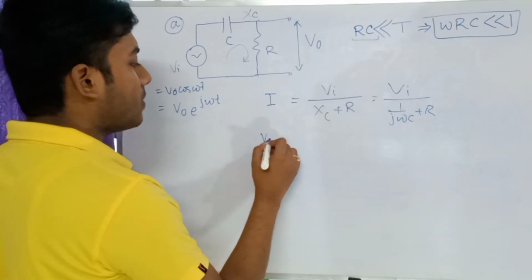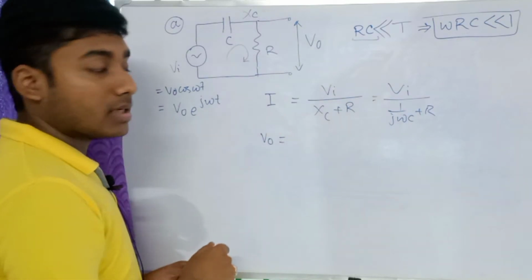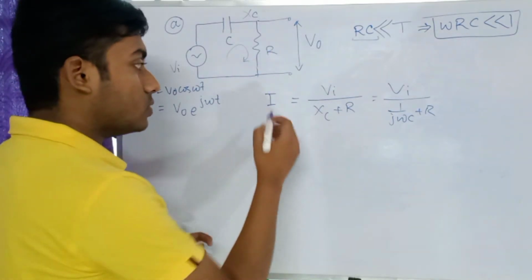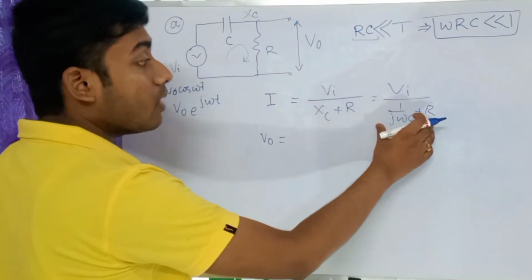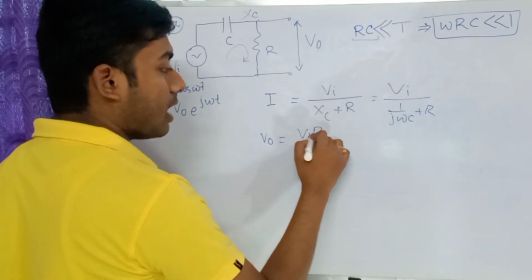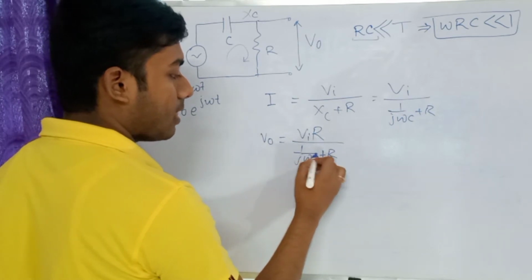The V output will be across this resistance, so I multiplied by R. That means Vi times R divided by 1 by j omega C plus R.